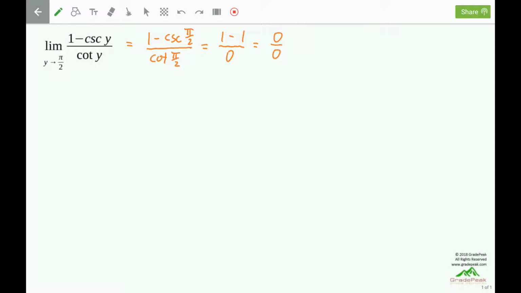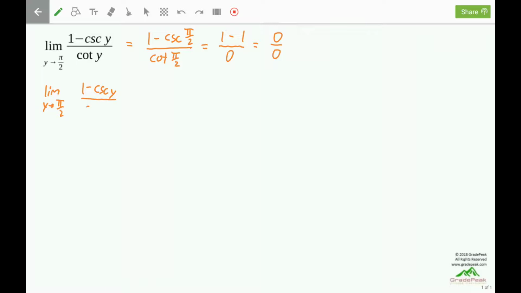We don't have matching trig functions, cosecant and cotangent. Neither of them are squared, so we don't have a Pythagorean trig identity, at least not yet. But one of them is a trig combination in the numerator, so we can try multiplying by a trig conjugate, which can lead us to a Pythagorean trig identity.